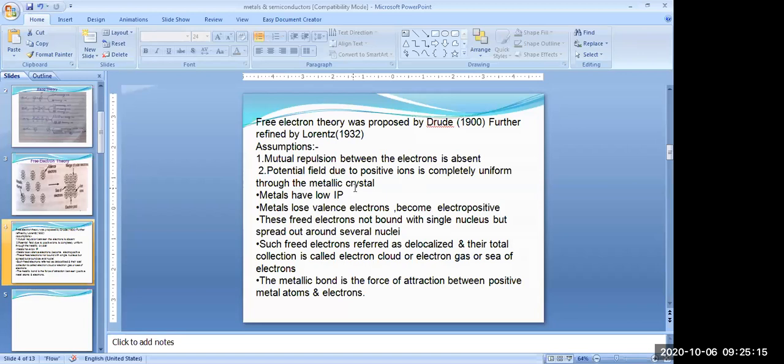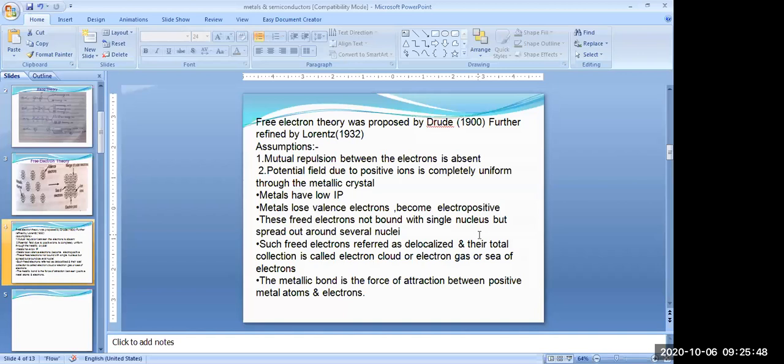As we have just discussed, metals become positively charged species because they have very low values of ionization potential, hence they can lose electrons very easily. The metals which lose valence electrons, those present in the outer shell, become electropositive, and these free electrons lost by the metal are not bound to a single nucleus.